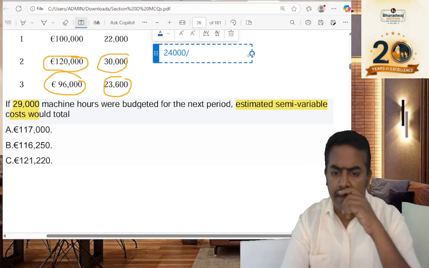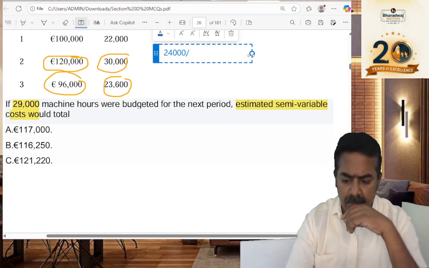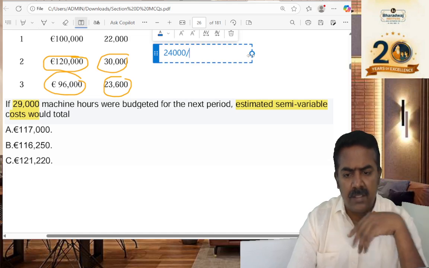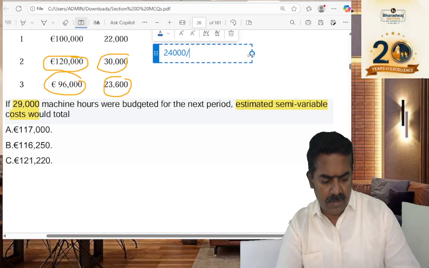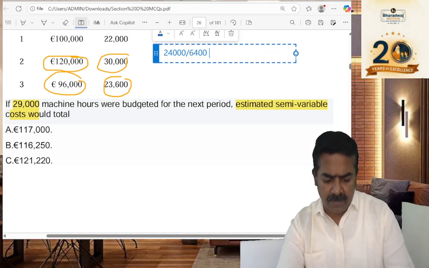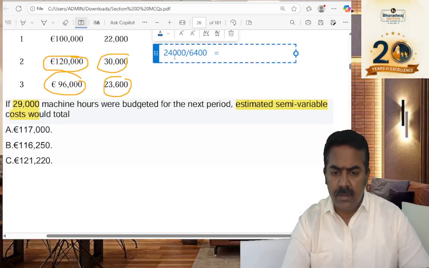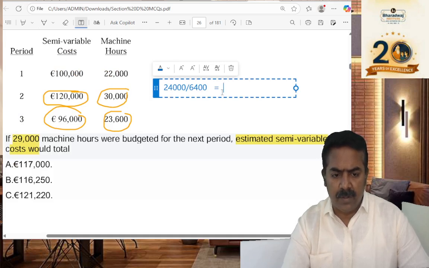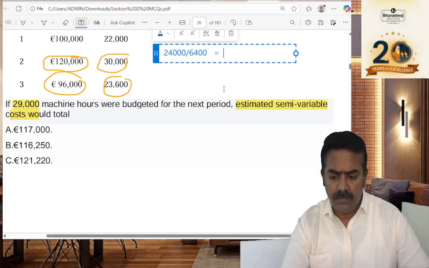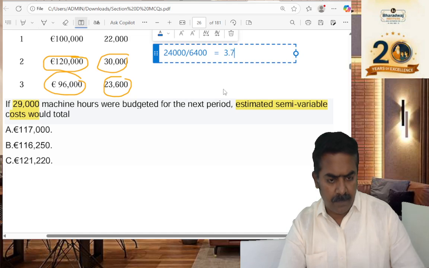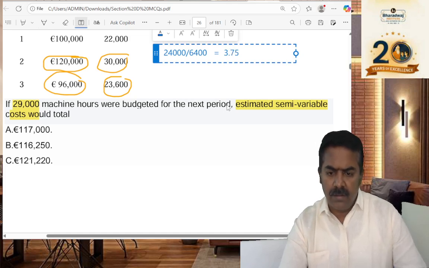24,000 divided by difference, 6,400. What is the variable cost per unit you are getting? 24,000 divided by 6,400, that is 3.75.